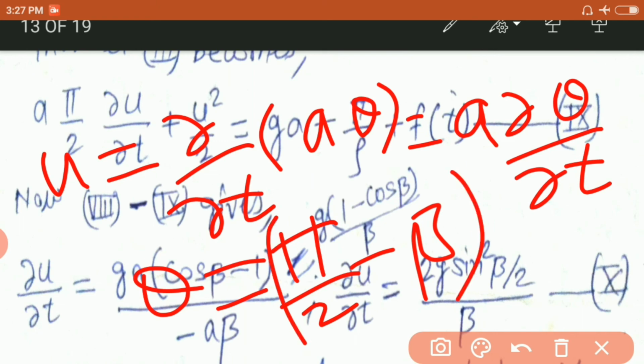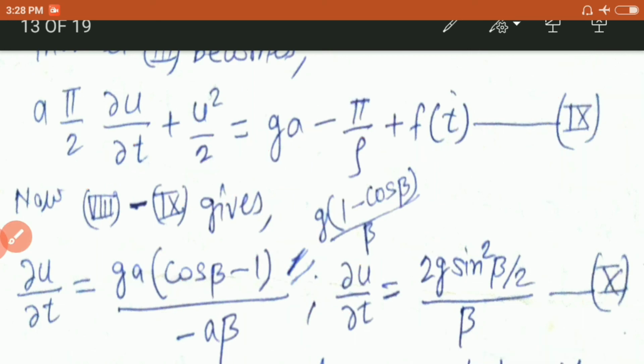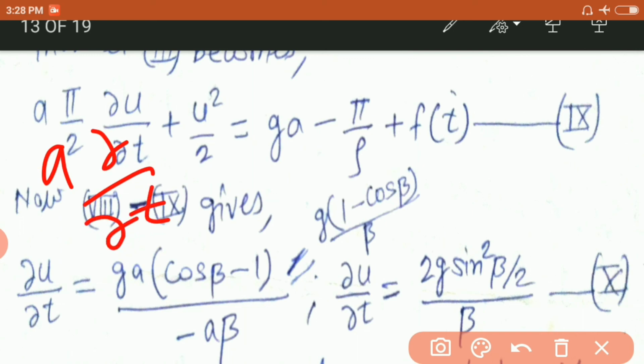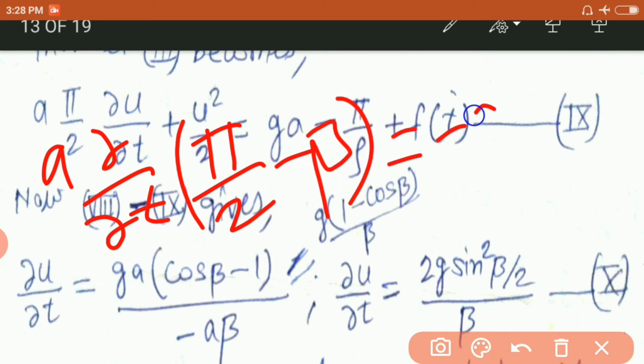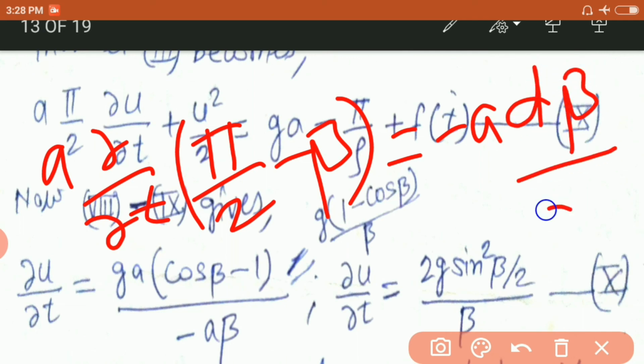Now this u can be written as u is equal to a dou by dou t of theta, that is a dou by dou t of pi by 2 minus beta, and that is equal to minus a d beta by dt.